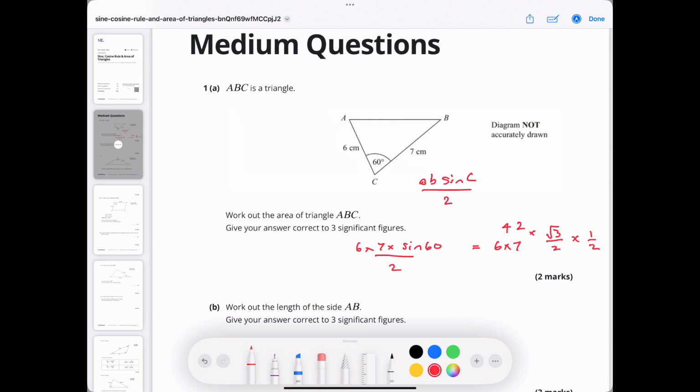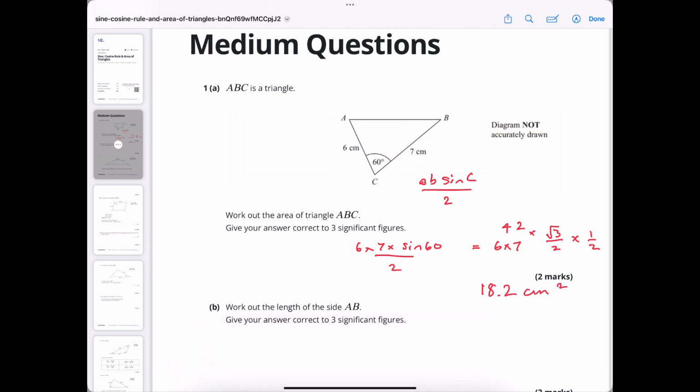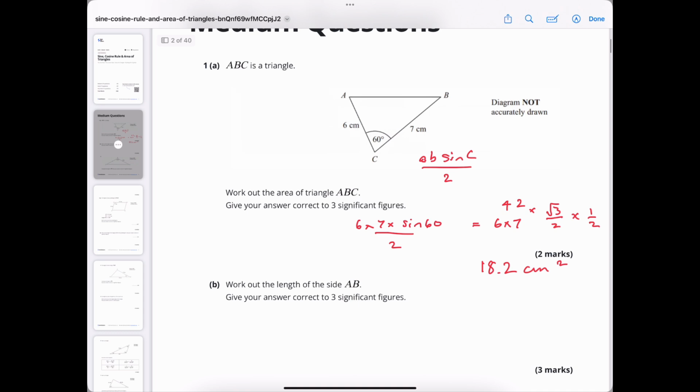But I haven't used the facility on the calculator which tells me what sine 60 is. And that is 21 root 3 over 2, which does prove my point, but it is 18.2 to 3 significant figures, centimetres squared.